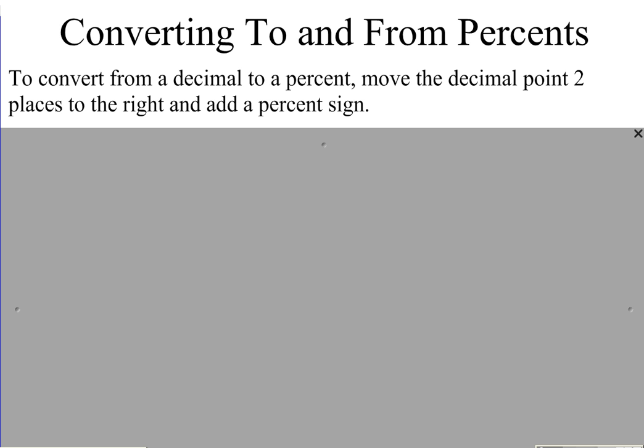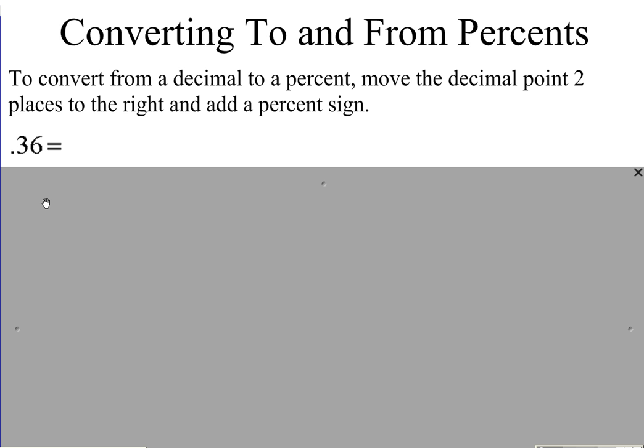To convert from a decimal to a percent, move the decimal point 2 places to the right and add a percent sign. 0.36, any time to go from decimal form to a percent, follow those directions.